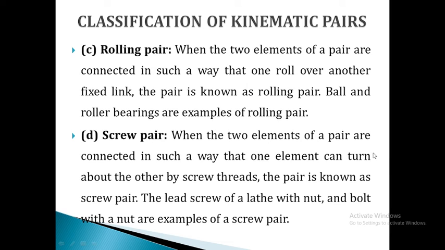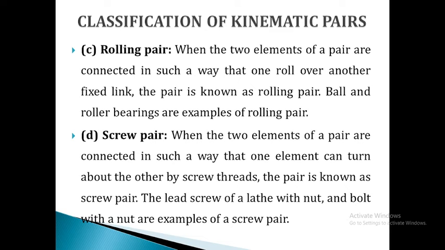Now come to the next classification of the kinematic pair, which is according to the relative motion between the kinematic pairs, is screw pair. What is screw pair? When the two elements of a pair are connected in such a way that one element can turn about the other by screw threads, the pair is known as screw pair.